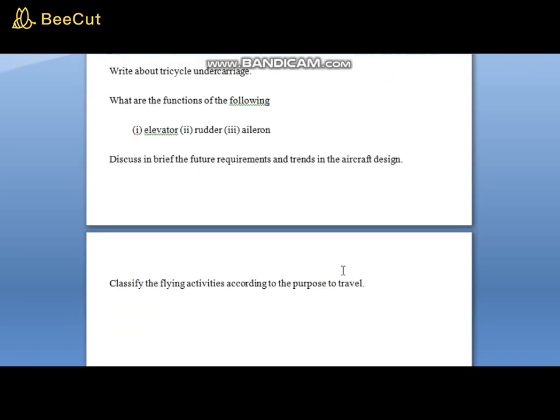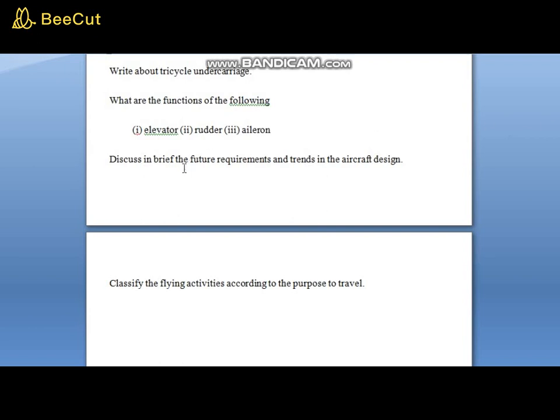And the next questions are: what are the functions of the following? Elevator, rudder and aileron. We need to give the functions of these three components. Then discuss in brief the future requirements and trends in aircraft design.